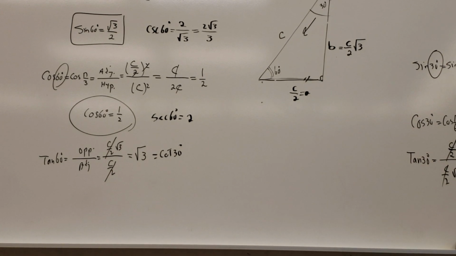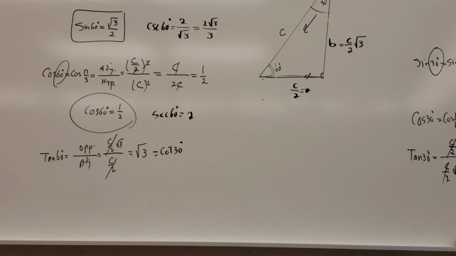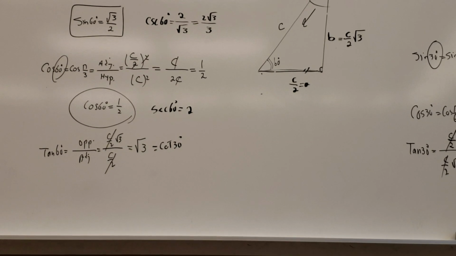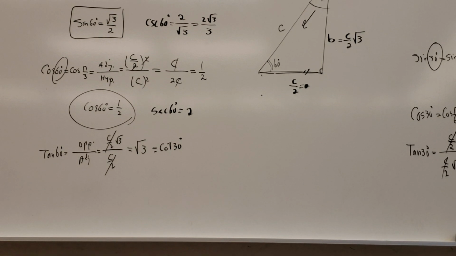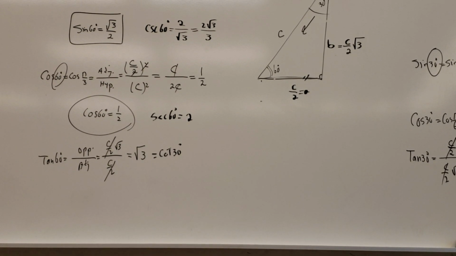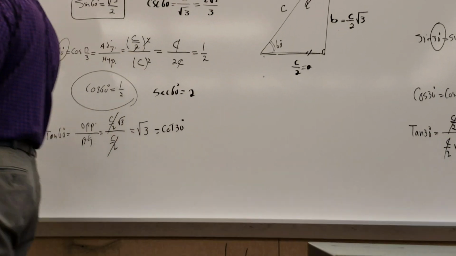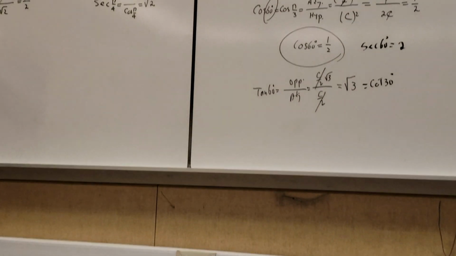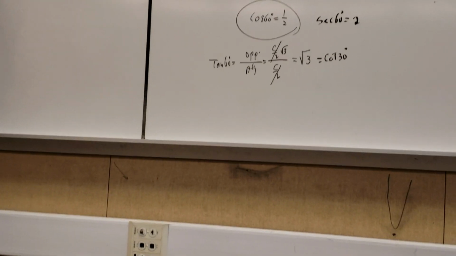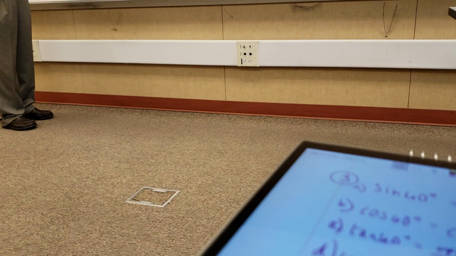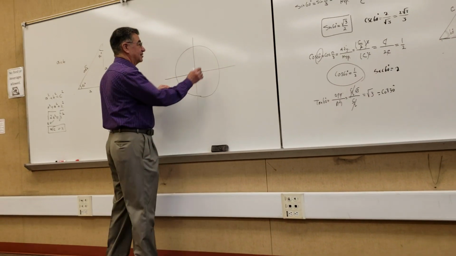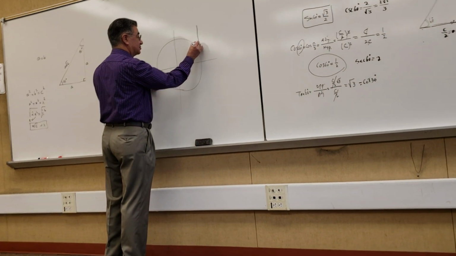Now, a student complained, they said, oh my God, you don't want us to memorize all of these? Not really. Let's go back to the unit circle. And then we said this line is what?